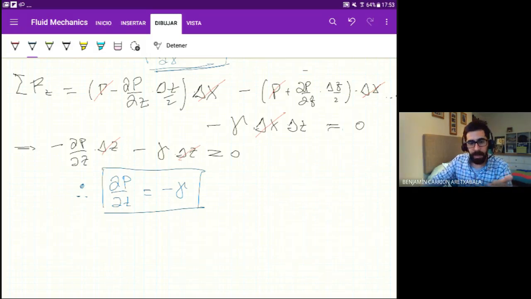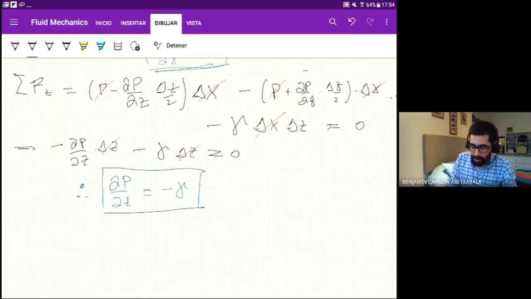So we have Pascal's law that says that pressure is the same in every direction. And we have this hydrostatic law that says that pressure only changes in the vertical, and it changes proportional to the weight of the fluid. It's not necessary for it to be water, it can be any fluid. And these are really key ideas.